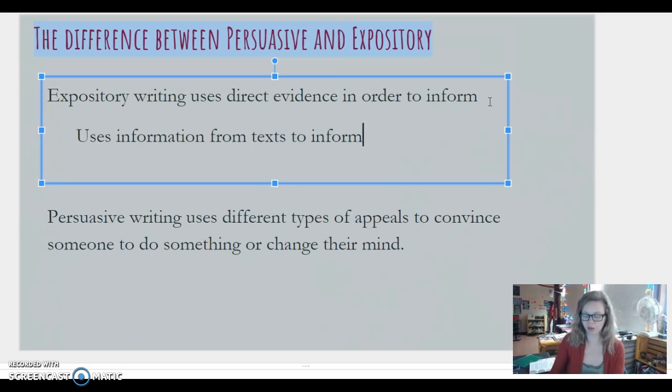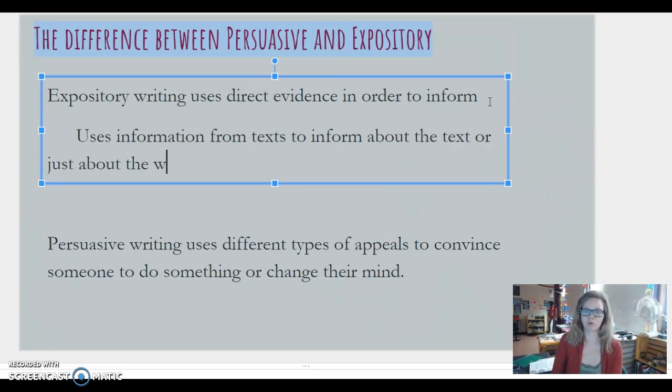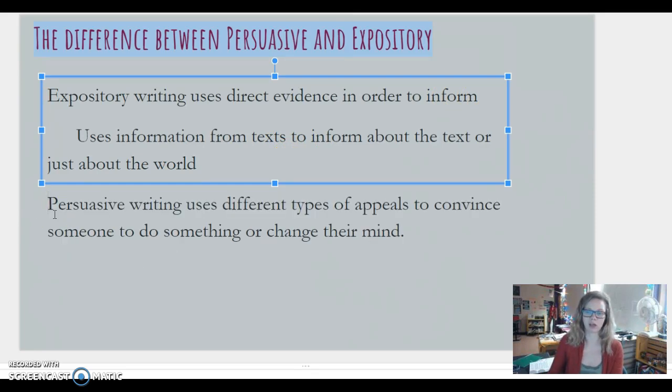You can inform about the text or just about the world. You can write an expository paragraph about science. Technically, you could say, the scientific method is, and then tell me what it is, and then use information from text to do that. Again, it's just for the purpose of informing, okay?